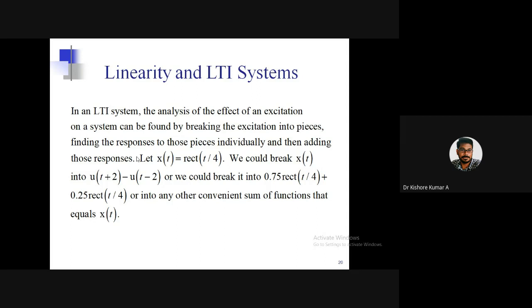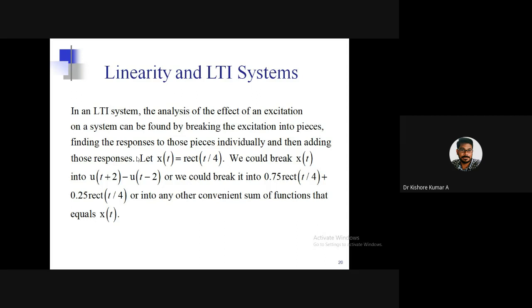See here, let x of t be the rectangular of t by 4. Now I can break x of t into u of t plus 2 minus u of t minus 2, or we could break it into 0.75 rectangular of t by 4 plus 0.25 rectangular of t by 4.